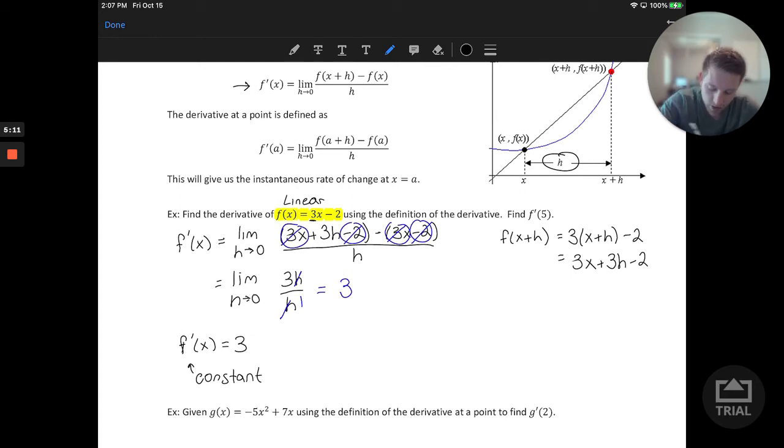The secondary question we want to answer is f prime of 5. If I know f prime of x is constant, then f prime of 5 would also have to be constant at 3. It doesn't matter what point in the function I'm at, I'm always going to have a slope of 3, or a rate of change of 3, at any one point for the f function.